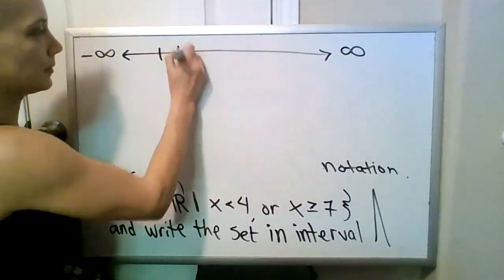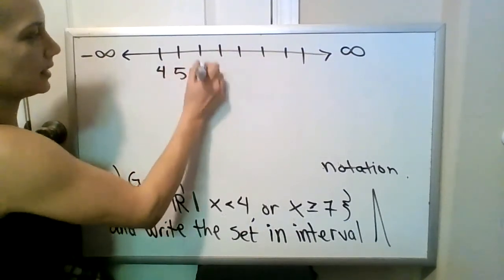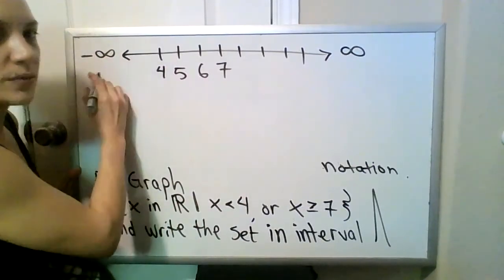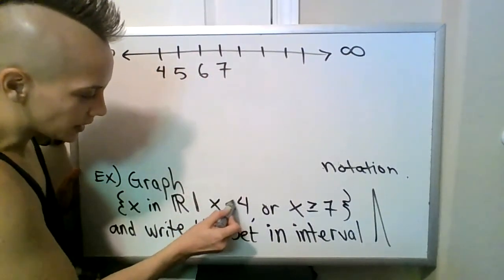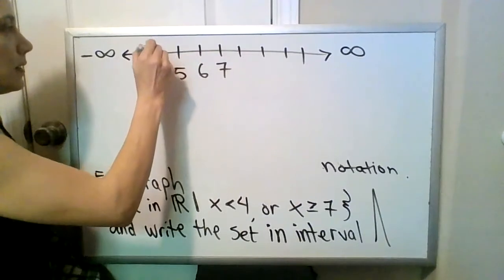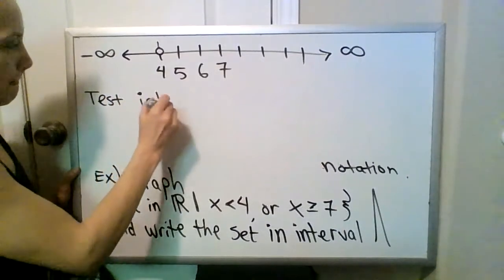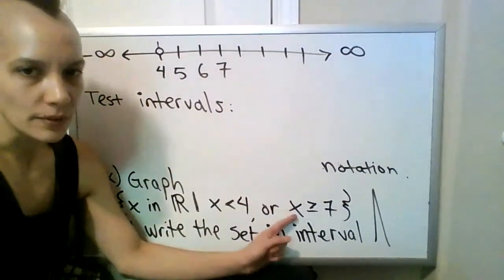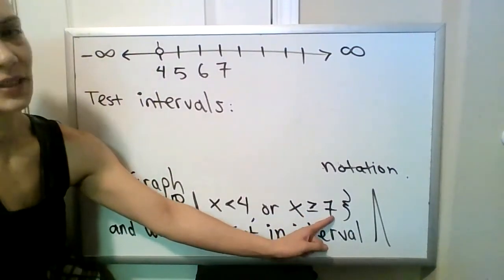Let's put some units down. 4, 5, 6, 7. I'm going to test from -infinity over to 4. And in this part, the strict inequality means that there's an open circle. Let's make sure we plot that other point. So for that point 7, we have greater than or equal to, so there's a solid circle over 7. Solid dot.